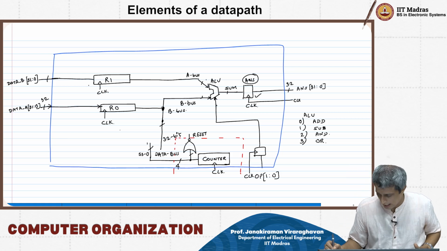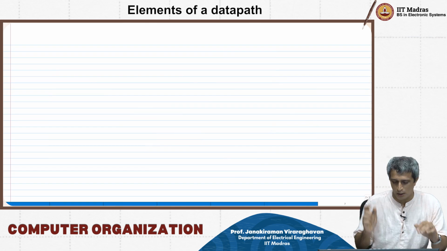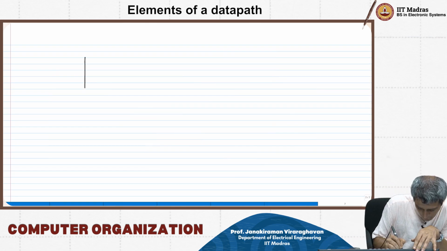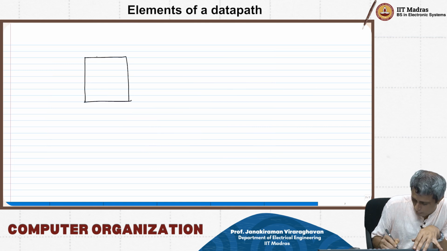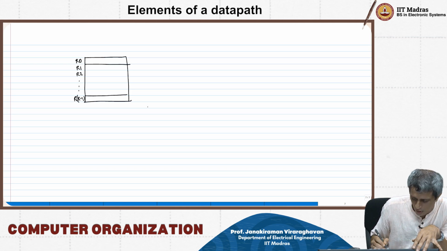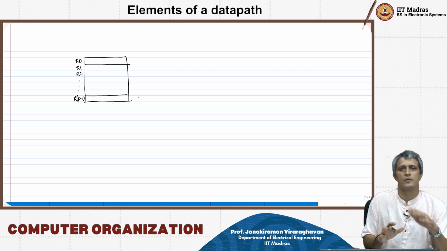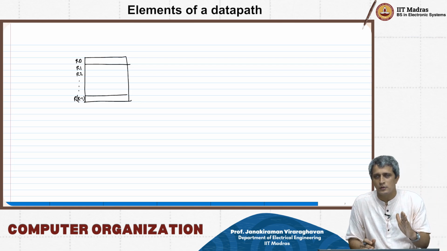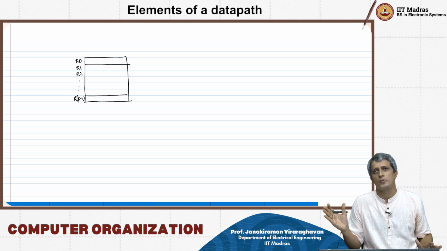So in general, what we want is a bunch of registers R0, R1, R2, something, RK minus 1, K registers, into which you can either write or read from them.